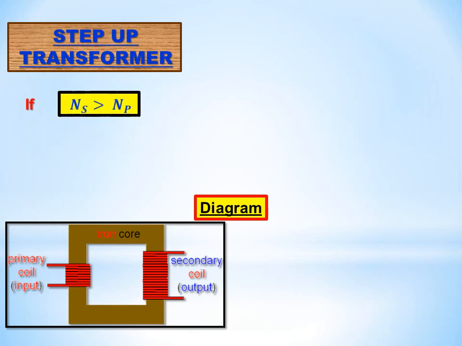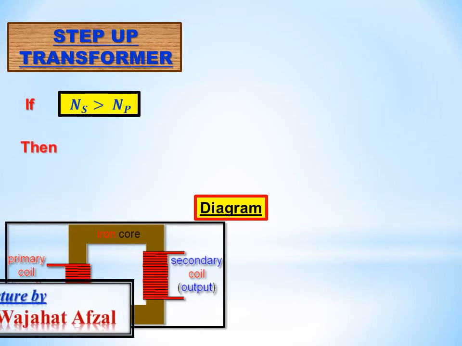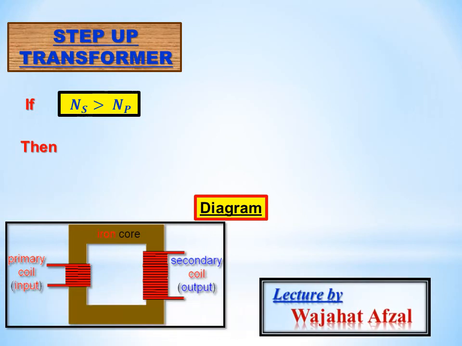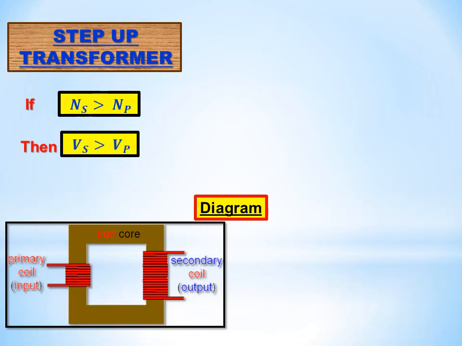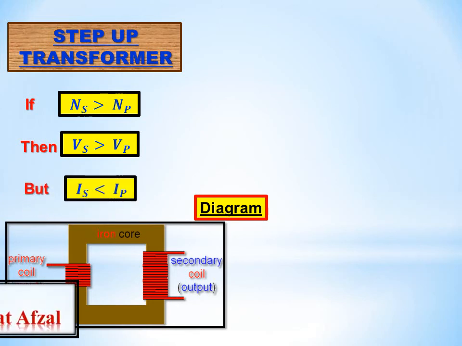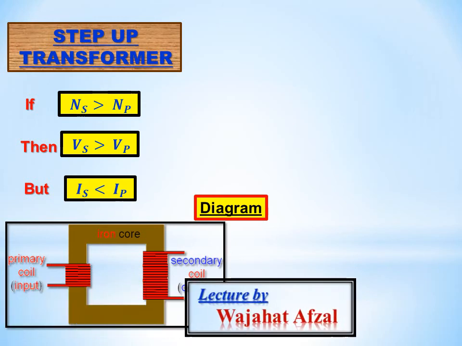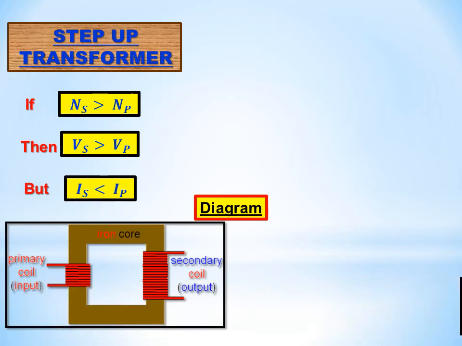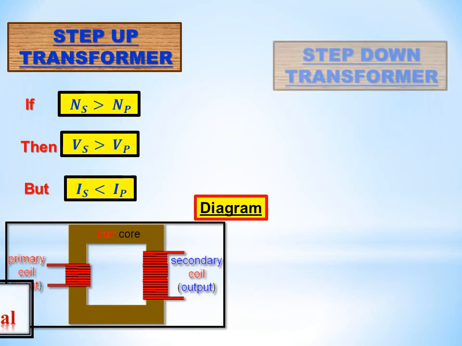So if NS is greater than NP, that is, number of secondary is greater than number of primary coil, then the induced EMF produced in the secondary coil is greater as compared to the primary coil, but the current in the secondary is less as compared to the current in the primary coil. As I told you in the class, Ohm's law does not obey on this transformer. Okay.